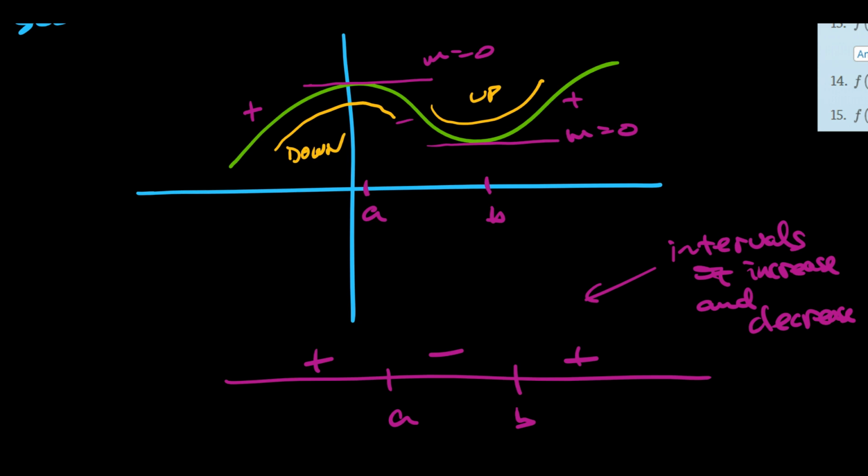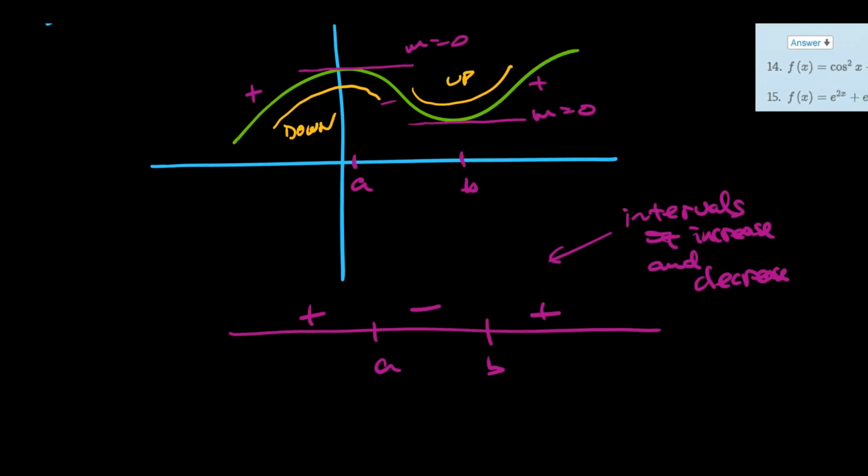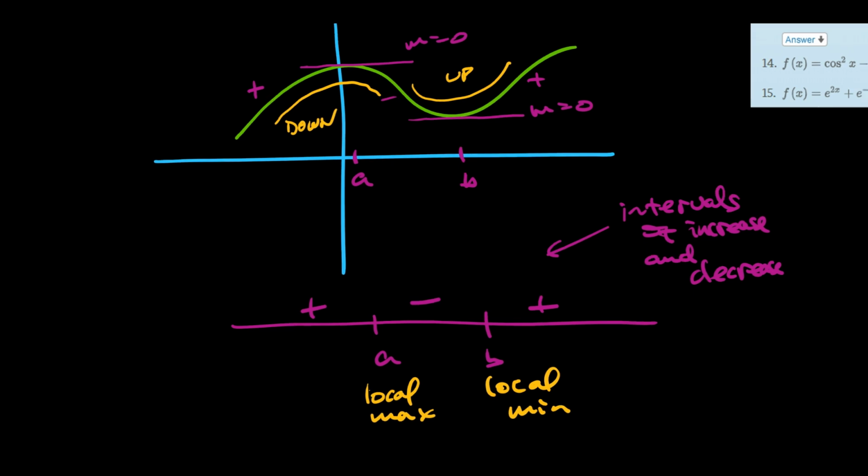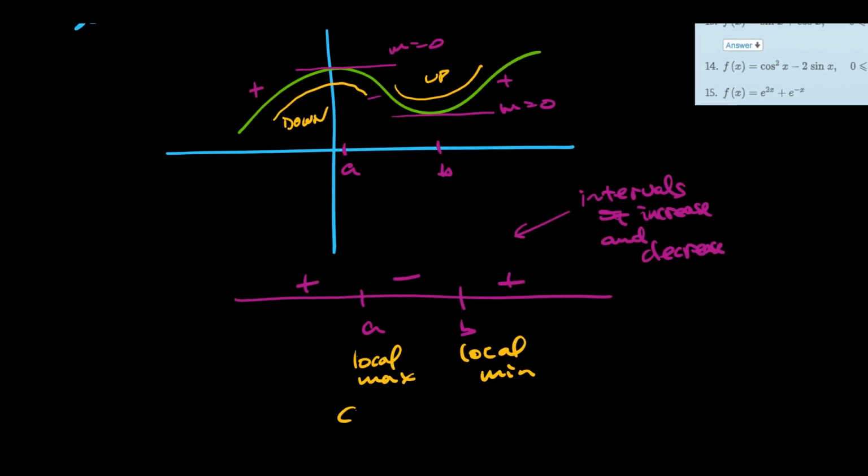Now, A is a local max, so we have a local max here at A, and then a local min at B. At the local max it's concave down, and where it's concave up, that's a local minimum, usually, okay?